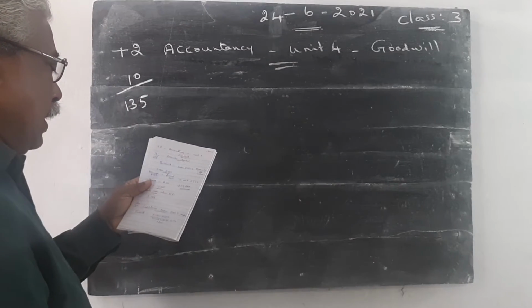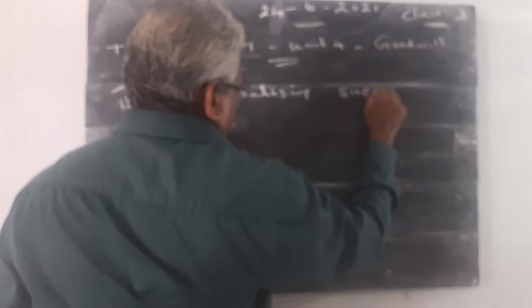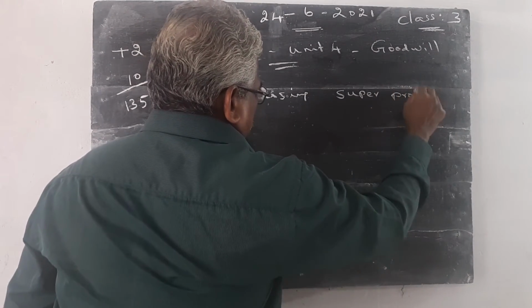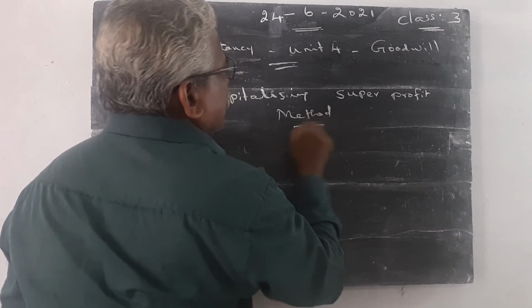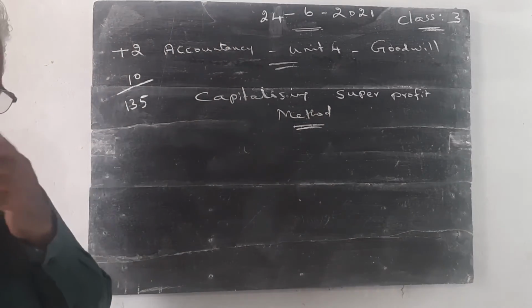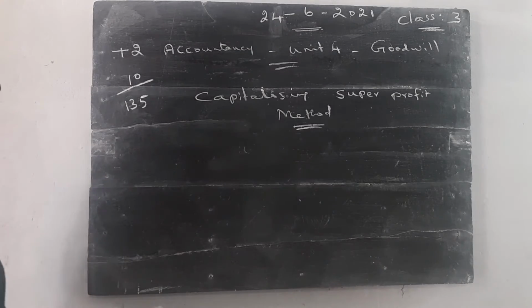Then question number 10, page number 135. Capitalizing super profit method. In all the sums, first you write the formula.